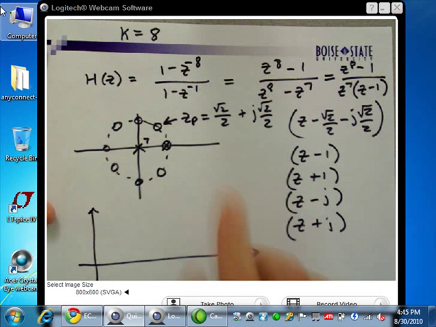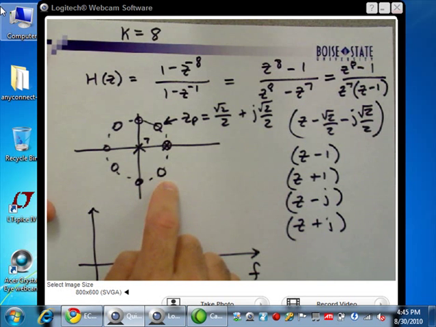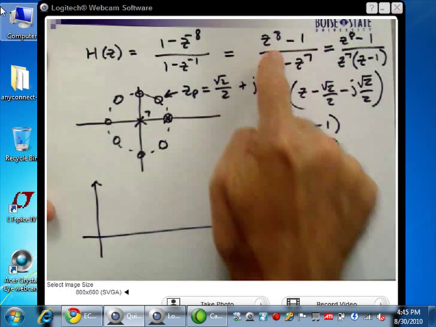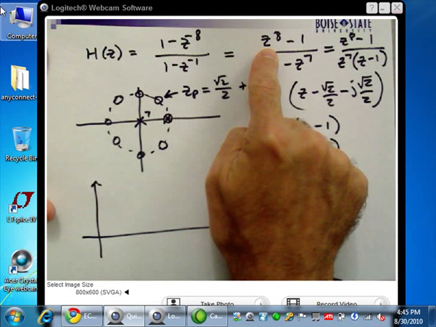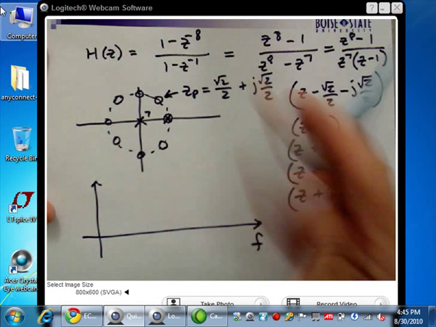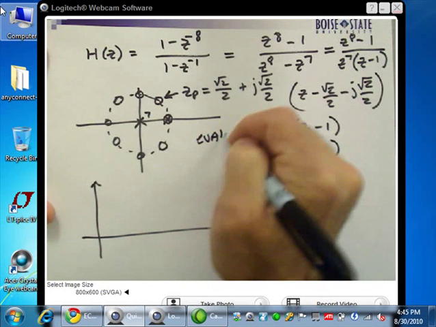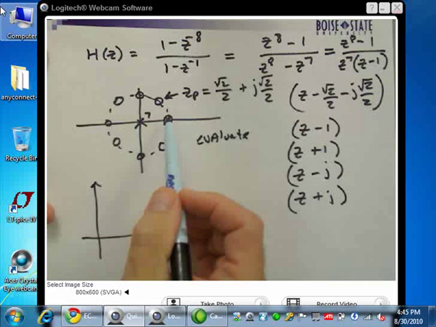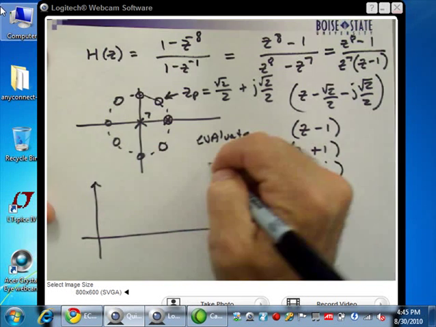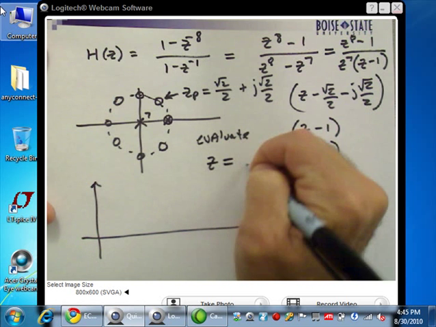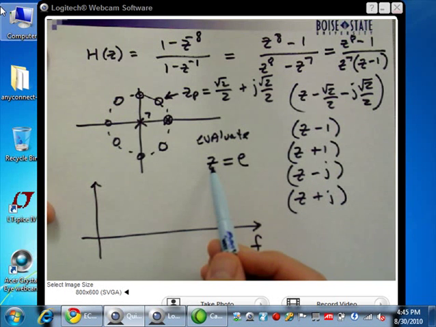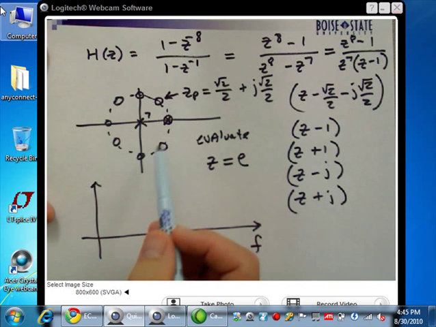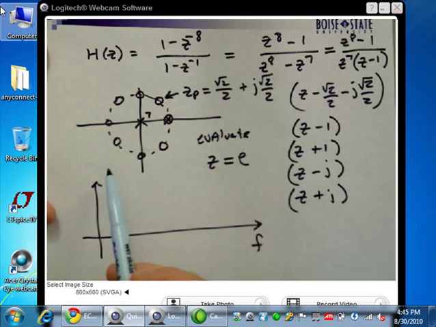I could do it graphically, the intuitive way we talked about, or I could plug in what for z? Yeah, I could evaluate by putting in a sinusoid that I vary the frequency of, which moves me around on the unit circle. So that occurs when z is equal to, now z isn't always this, this is just the evaluation. That's when I put my sinusoid in and I vary the frequency in a unit amplitude.